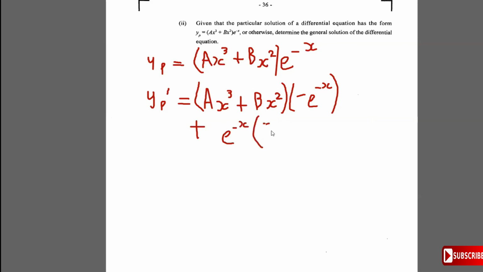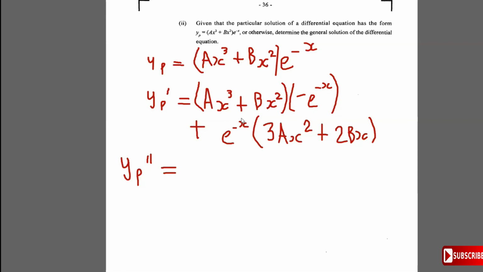The derivative of the first is 3ax squared plus 2bx. Nice. All right. So what we get is yp prime, I don't even need to simplify that. I'm just going to find yp double prime.